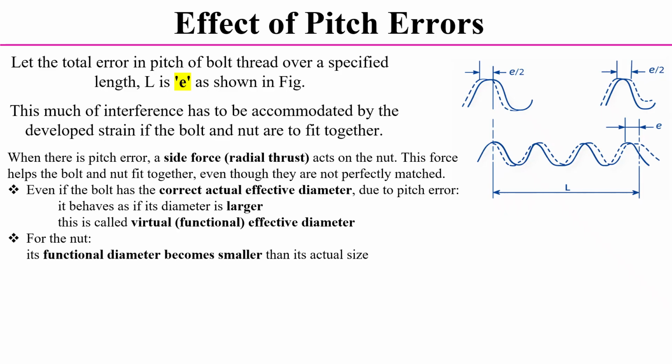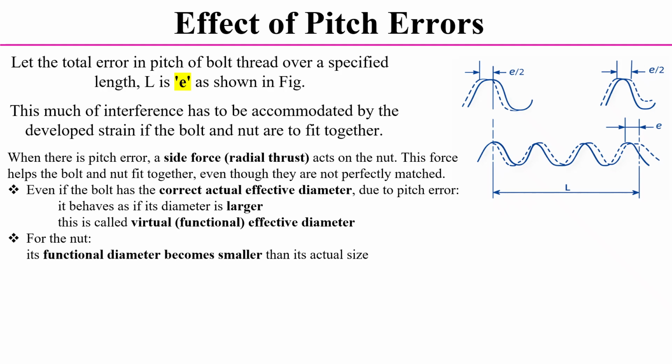Even if the bolt has a correct actual effective diameter, due to pitch error its effective diameter increases. This is called the virtual effective diameter.